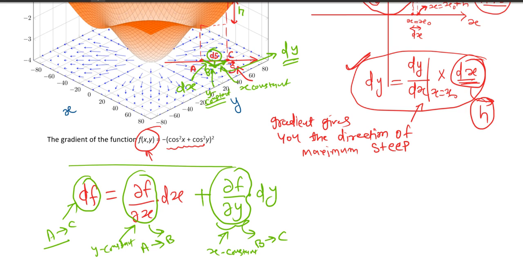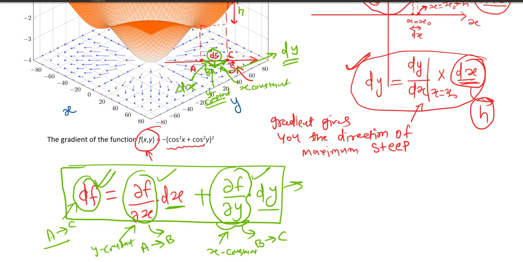So in this way you can find the total change in the function value while first keeping x constant or y constant. Okay, so this is partial derivative theorem.